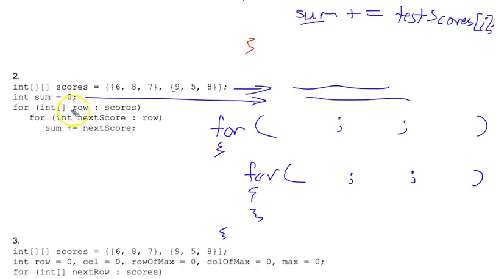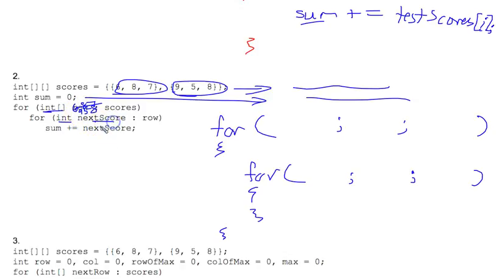Okay, so here, if you truly understand the difference between the outer loop and the inner loop, you'll understand that row happens to be a variable name that takes on an array of ints, a one-dimensional array of ints. So at first it's this, stored inside a row. Then that gets overwritten the next time the loop iterates with a 9, 5, 8, all plugs in for a row.